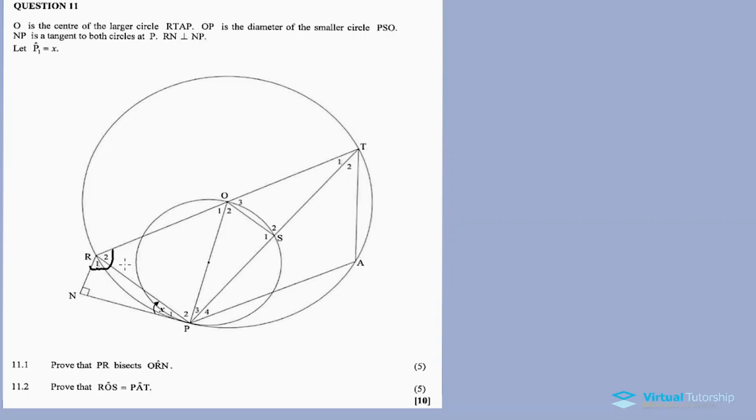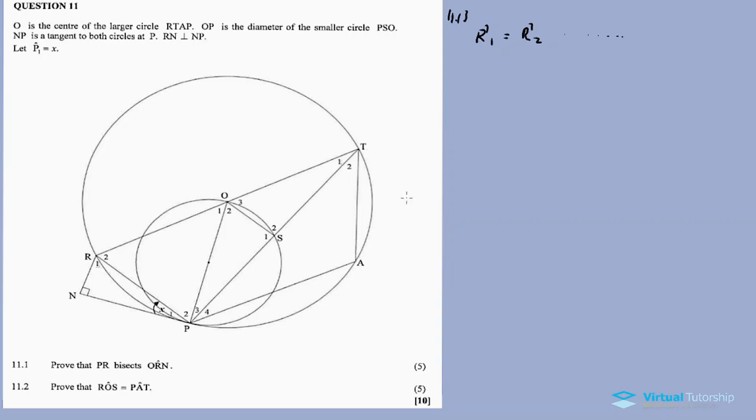We need to show it is being bisected. In other words, we need to show R1 is equal to R2. To calculate R1 and R2, we need to express these angles in terms of X. So in 11.1 I need to show that R1 is equal to R2.